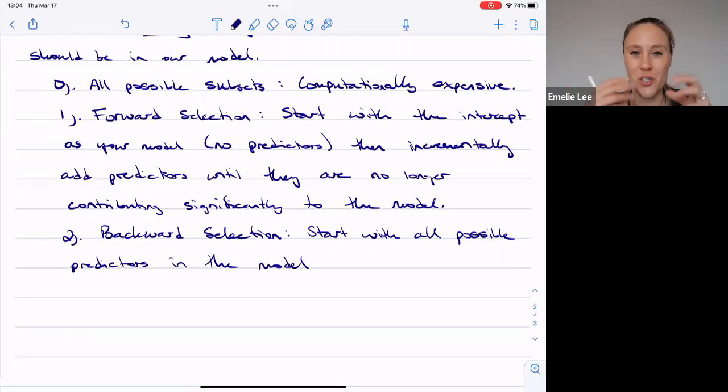Now, of course, R just does this and Python just does this. So you don't have to do it, but you have to know what it's doing. Otherwise, you can't talk about it, and that's your job to talk about it.